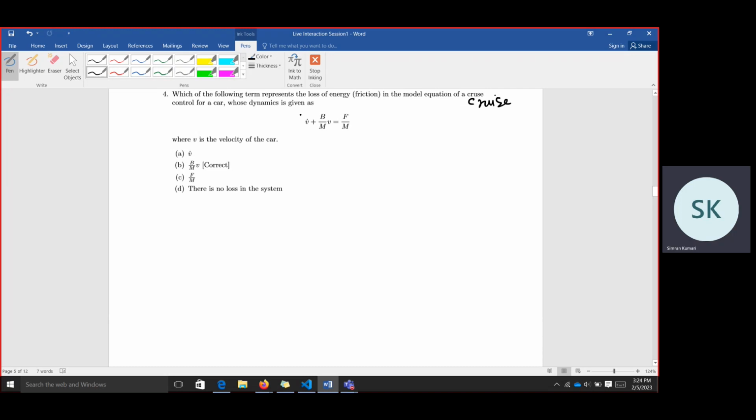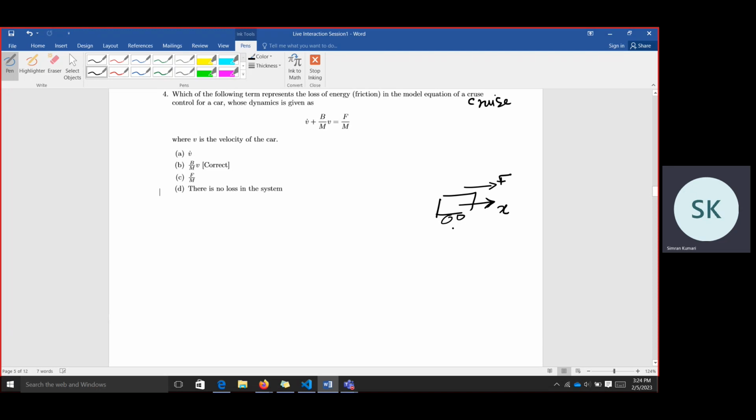Cruise control of a car whose dynamics is V dot plus D by M times V equal to F by M, where V is the velocity of the car. So if we consider a car that is moving, with a force F being applied, and suppose this is the displacement.